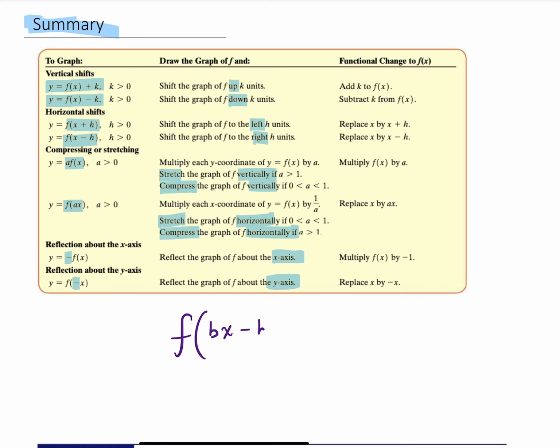We could shift it horizontally, we could multiply something outside, and we could add or subtract something outside of the function. So this will give you the vertical stretch or the x-axis reflection if it's negative.